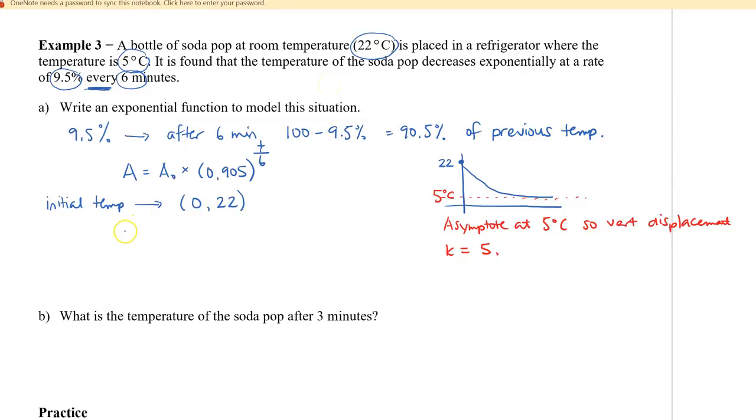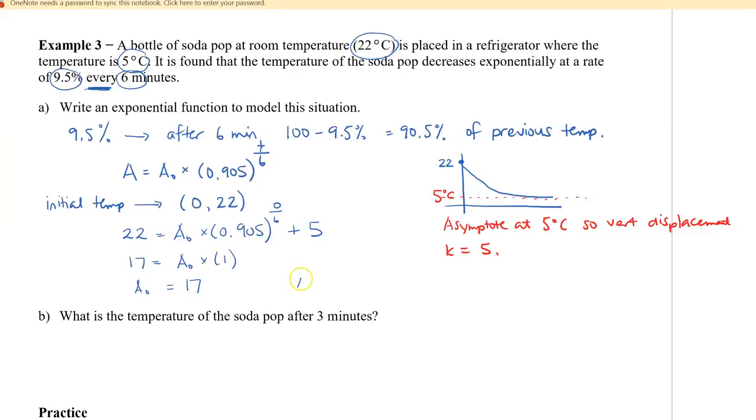So at 22 degrees Celsius, we have A naught times 0.905 with an initial time of 0 over 6, plus 5. When I calculate this, I get 17 equals A naught, and 0.905 to the power of 0 is always going to be 1. So that means that my initial temperature is actually going to be 17 degrees.